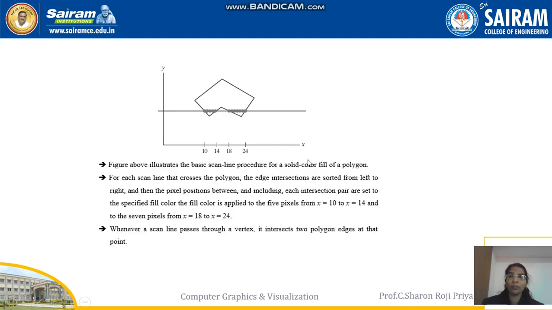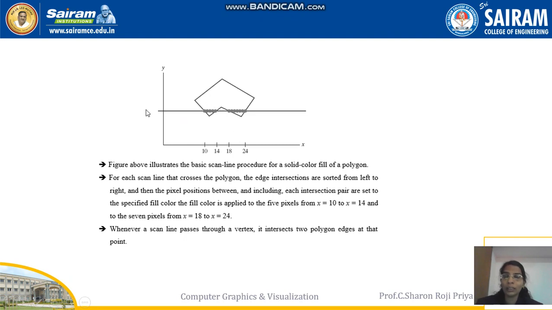Here we can see a few cases. This Y is my scan line, and this is my polygon, which I have to fill. Every time you have to remember, while filling, Y remains the same, because in scan line I'll start from the topmost line and proceed downwards.